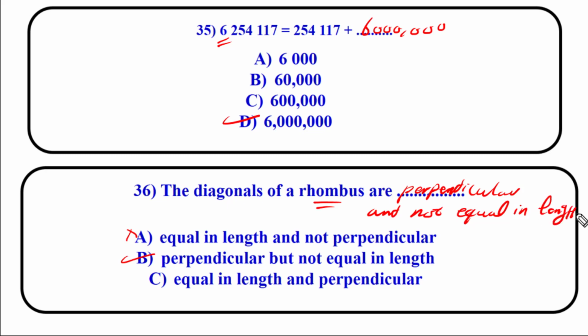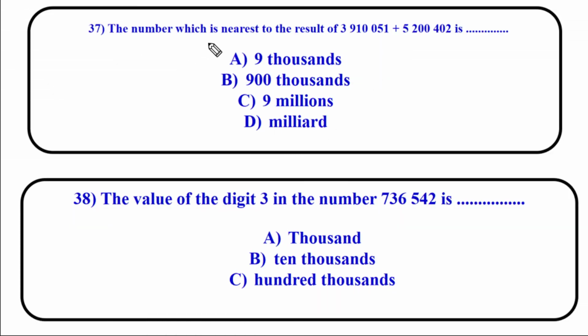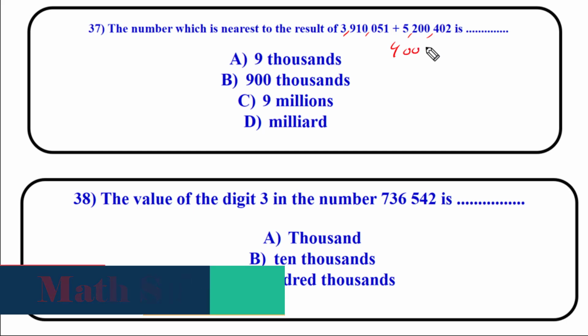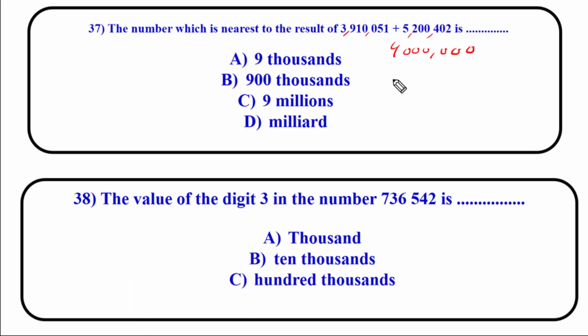We studied before. Number 37, the number which is nearest to the result of 3,910,051 plus the second number, 5,200,000. To find this number, we can estimate each number here. The first number, 3,910,000, is close to 4 million.